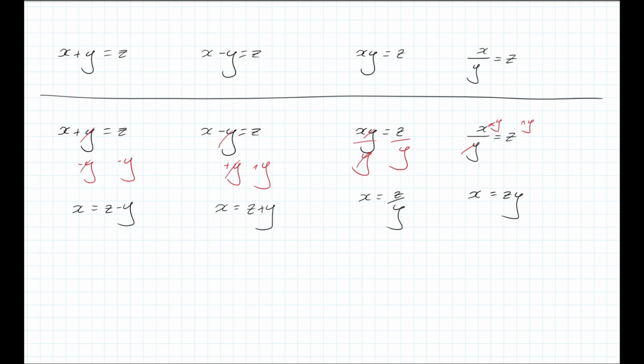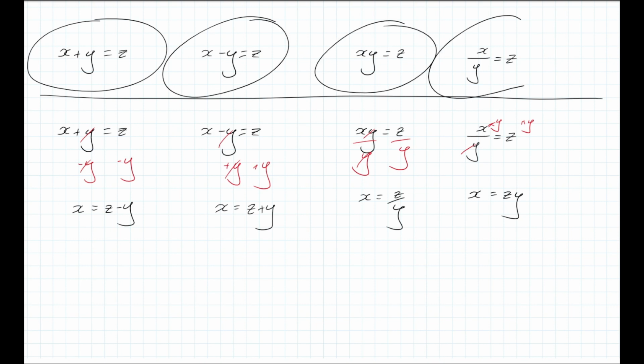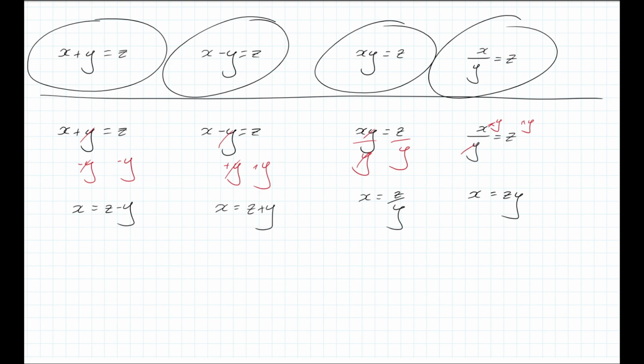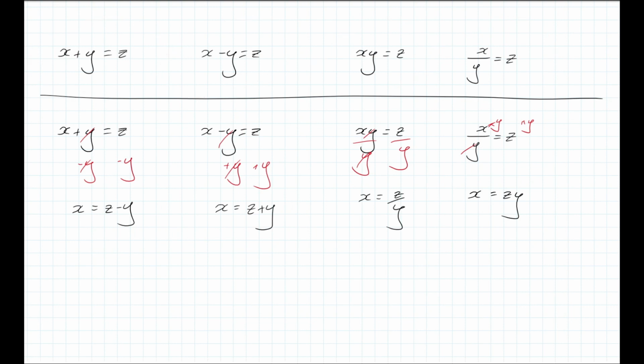Okay, so what we want to see is, from where we started up on the top for each of these equations to where we ended on the bottom, what has happened. For each one of these equations, the only thing that has happened is the y has moved to the other side of the equation. In the first equation, it was x plus y on the left side, but on the right side, it is now z minus y.